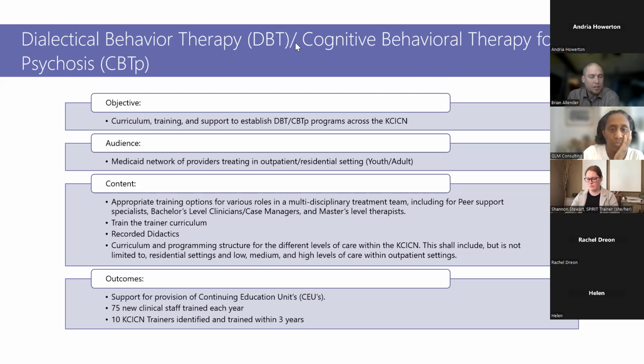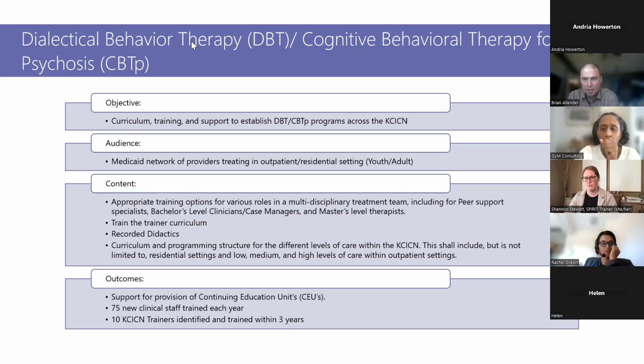So our main objective here is to contract to obtain curriculum, training, and support to establish these training programs, with a tentative goal of having these be self-sustaining within 3 years.